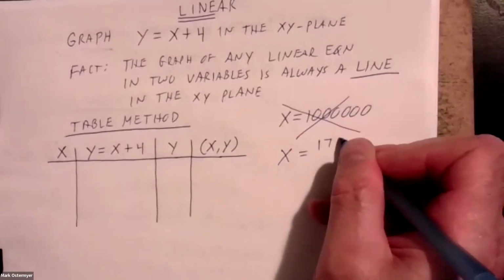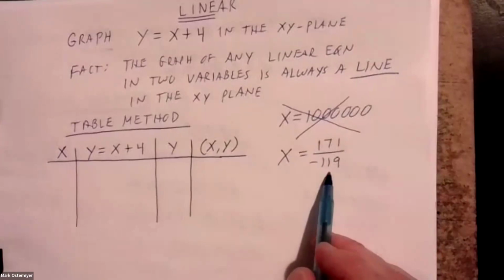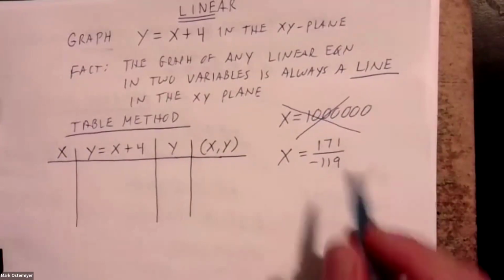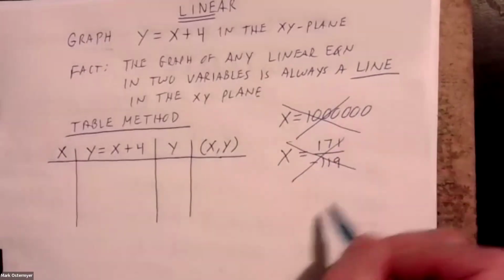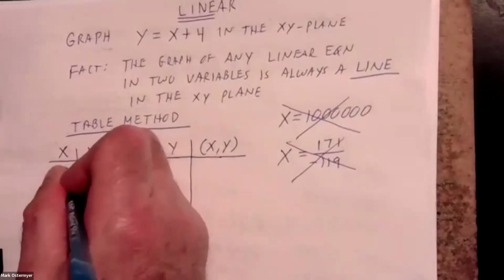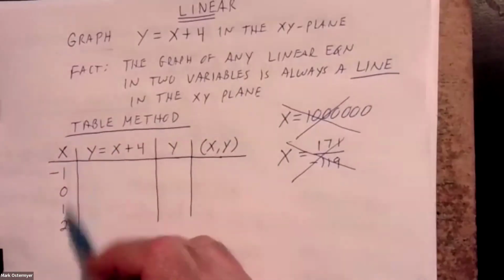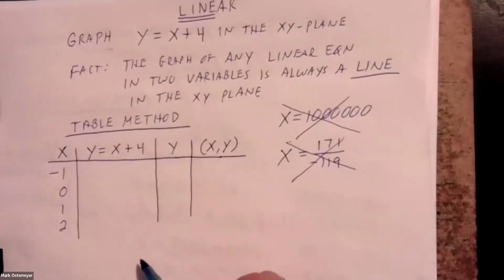Suppose you wanted X to be 171 over negative 119. Do you care to work with something that nasty looking? You could do that, but why? You don't need to. Let's choose nice values of X. Nice values of X might be like -1 or 0 or 1 or 2. Keep the values close to the origin so that you can plot the points.